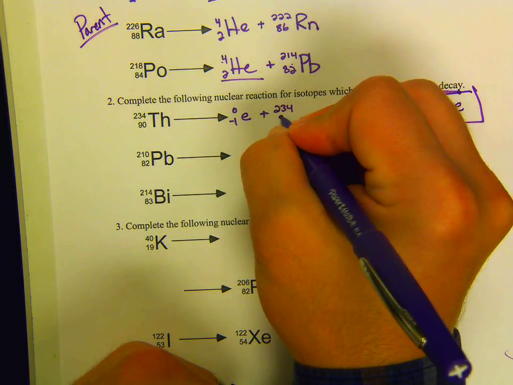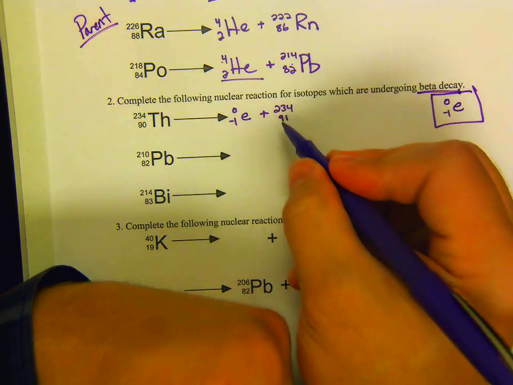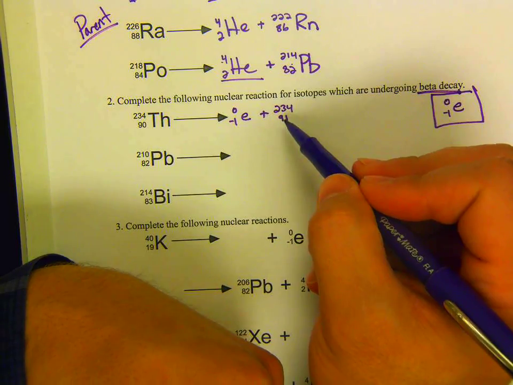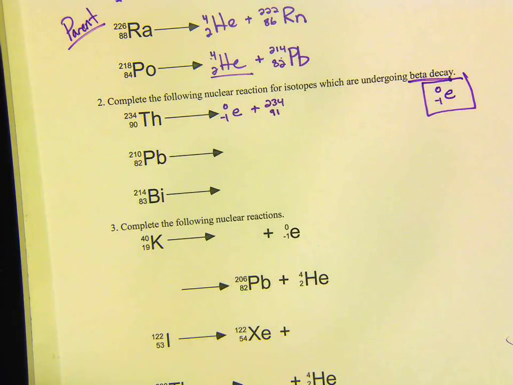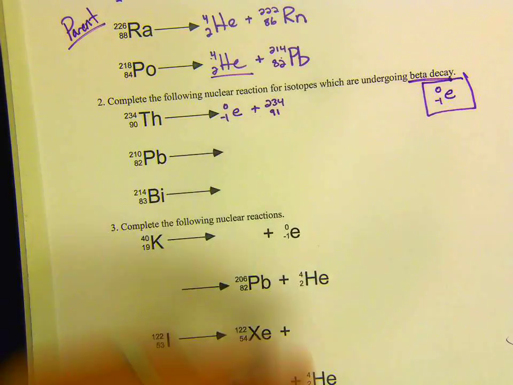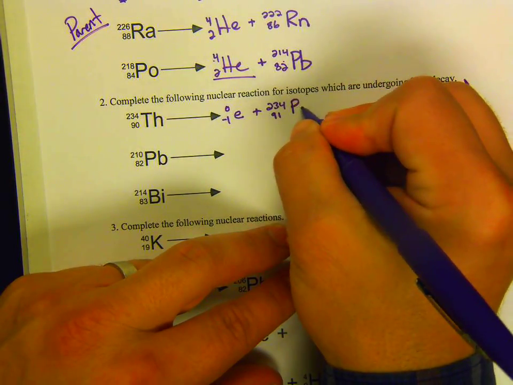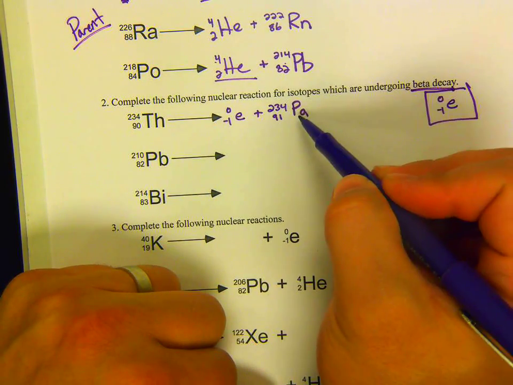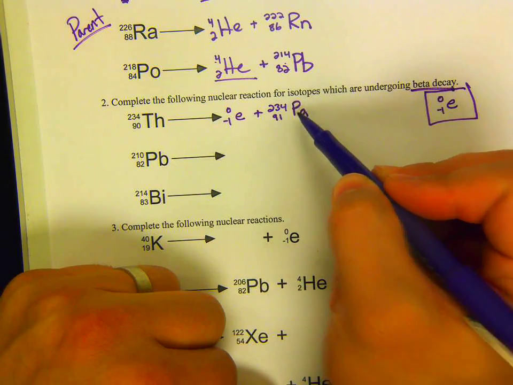Well, we have to add 1 here. So 91 plus -1 equals 90. So the atomic number actually goes up here. And then what's element 91? You look on your periodic table, protactinium, Pa. So thorium's the parent isotope, protactinium is the daughter isotope.